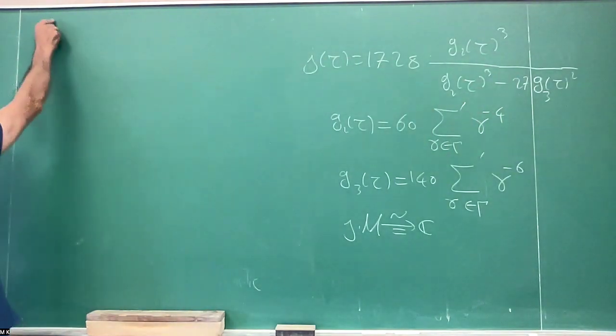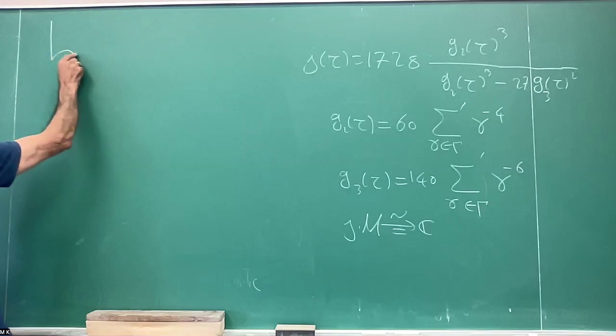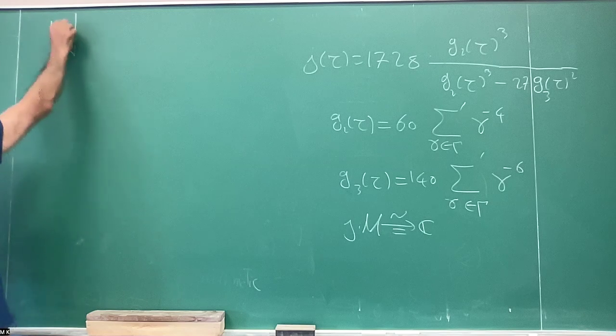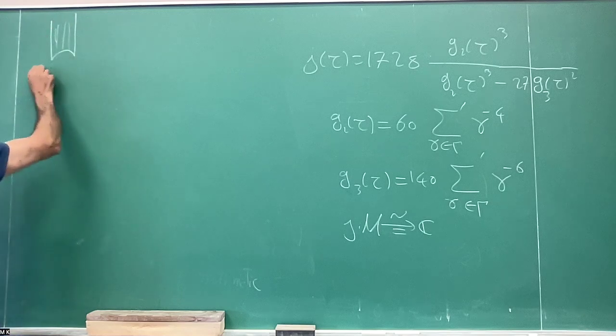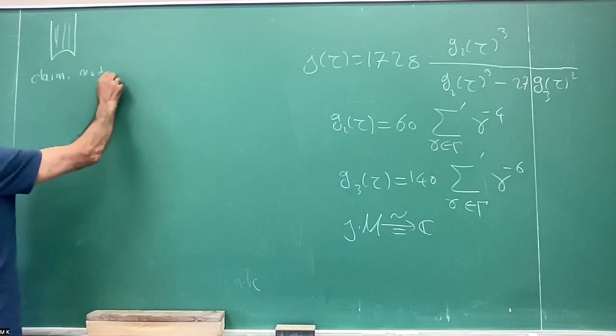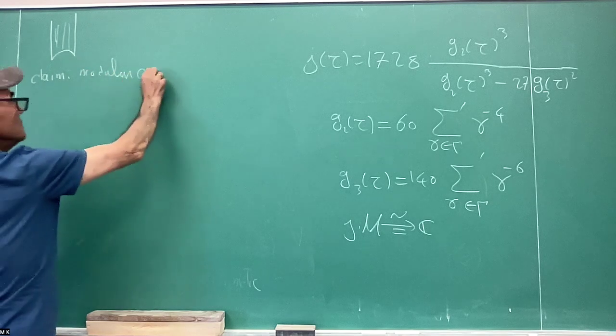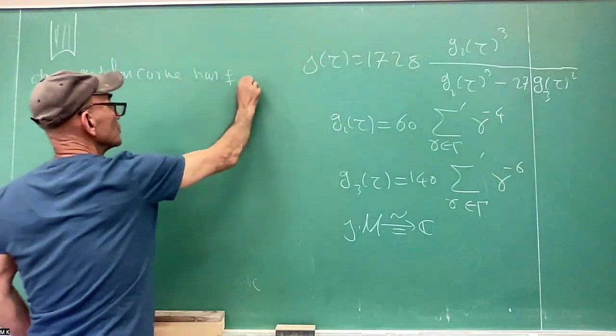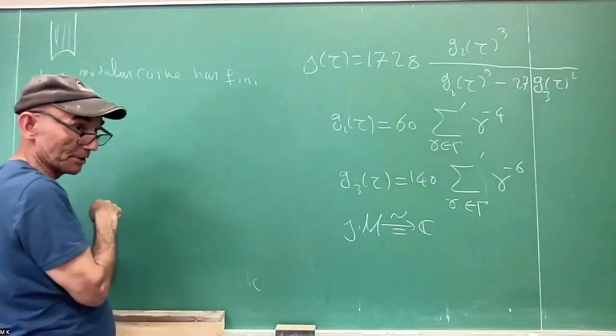This is the modular curve before identification. So the claim is that the modular curve has finite area. Although it's non-compact, it has finite area.